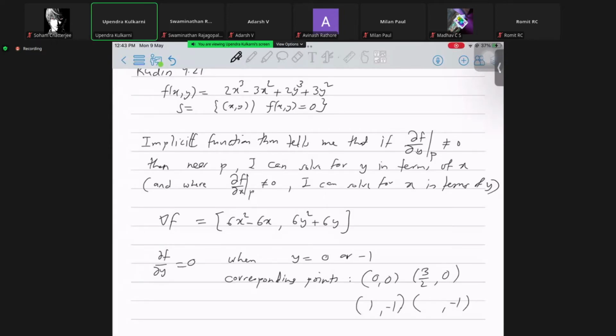Okay, so x is equal to 1, y is equal to minus 1. Is that it? I'm not sure about the other. The other one is minus half or so. I'm getting a cubic equation in this case, but it's easy to solve.